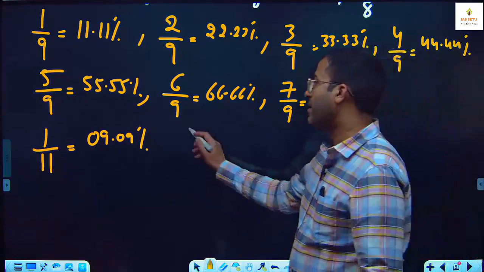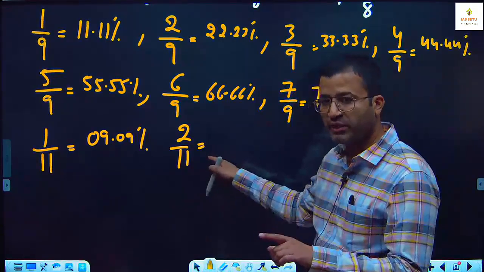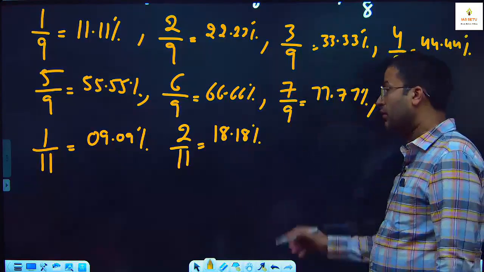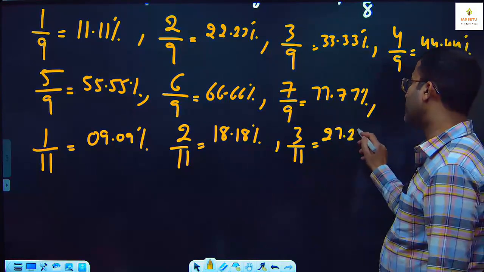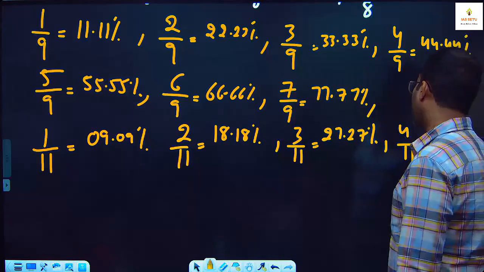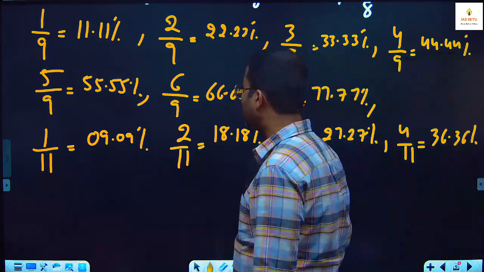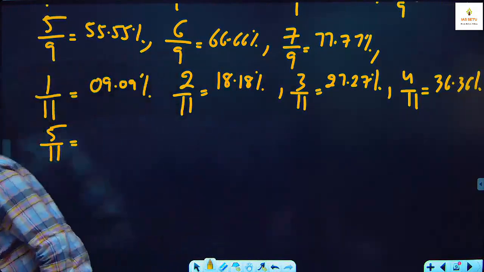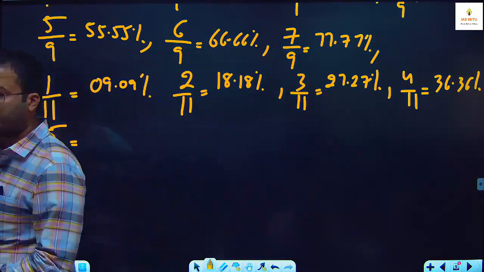When it is 2/11, it will be 2 multiple of 9, 18.18%. 3/11, 3 multiple of 9, 27.27%. 4/11, 4 multiple of 9, 36.36%. 5/11, 5 multiple of 9, it is 45.45%.